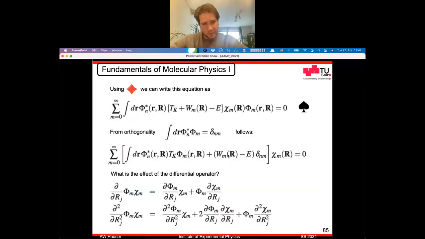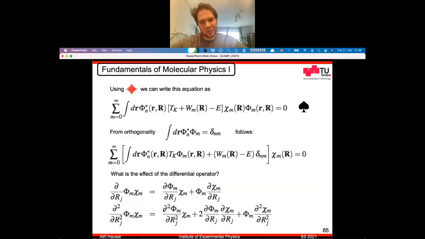And as you said already, it is a second derivative, but we see that it's not just that phi of m is a function of R, also this coefficient chi m of R is a function of R. And therefore, when the operator is acting on this product, we have to stick to the product rule, which is something I repeated here for you just to make it easier to read through the slides. So we take the first derivative ending up in these two terms, and then we take the second derivative, which leads to these terms. Note what's going on.